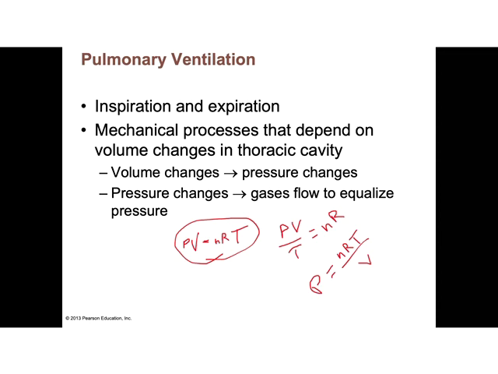And that's the pressure applied to the gas, okay? Right? So volume tiny, pressure high, right? Volume big, pressure low, right? Temperature high, pressure high; temperature low, pressure low, okay? Those are your relationships, okay?